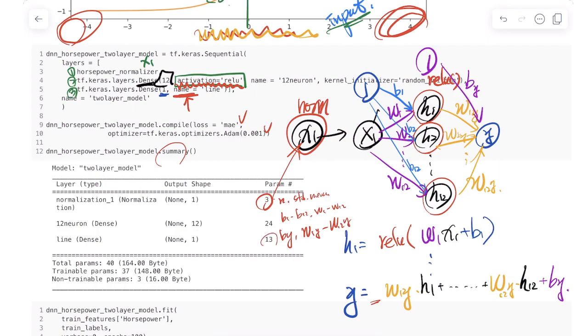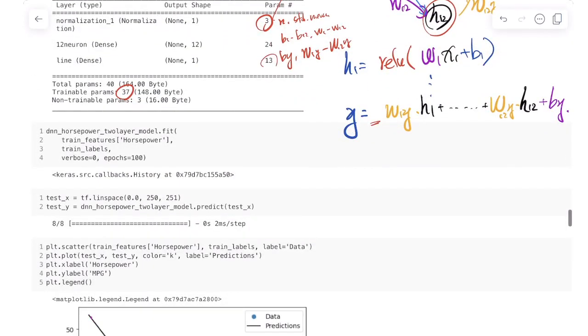So again, it's quite obvious to know the number of parameters in each layer. In total, we have 37 parameters that can be trained, and then we train it.